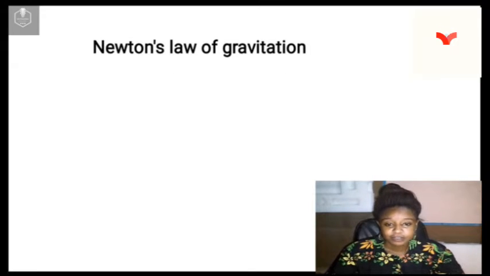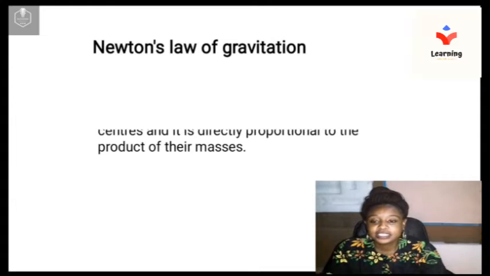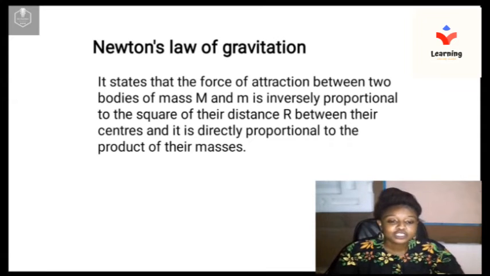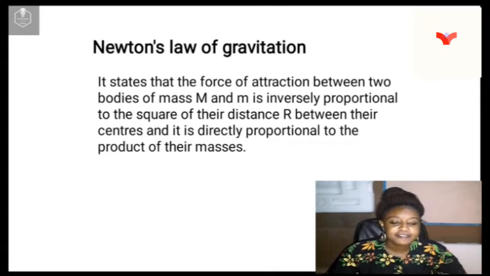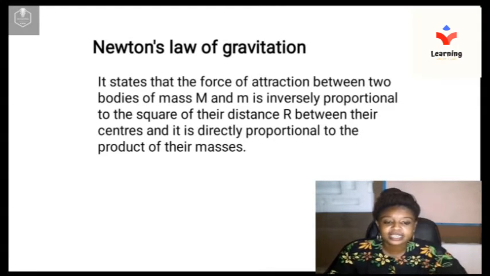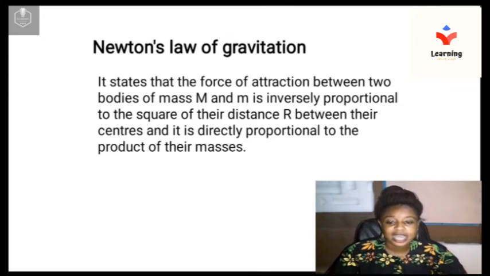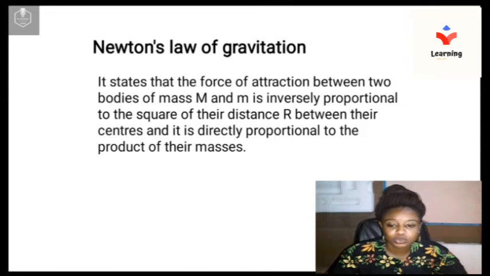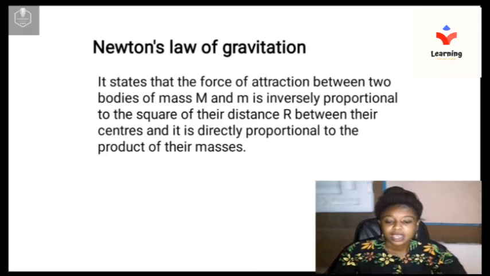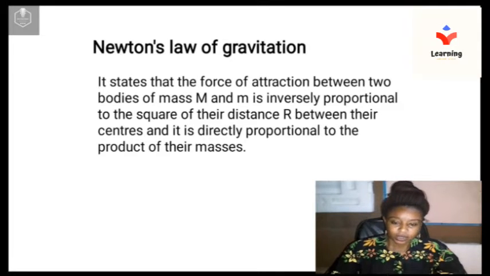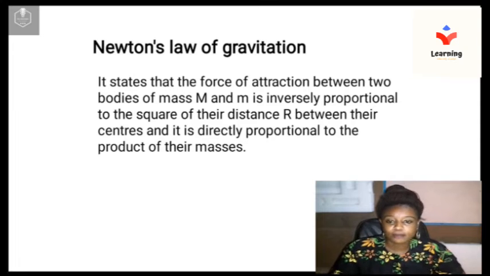Newton's law of gravitation. This law states that the force of attraction between two bodies of mass m1 and m2 is inversely proportional to the square of their distance r between their centers, and it is directly proportional to the product of their masses. If you look at this law of gravitation very well, we can see that we can derive two statements from it.